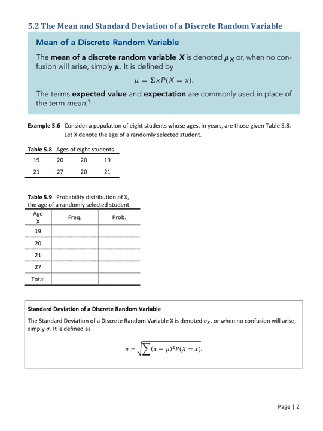Example 5.6. Now, the random variable x is the age. Age is definitely numerical.